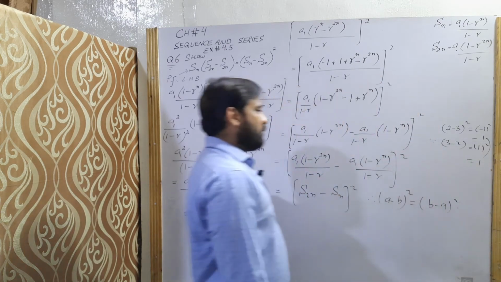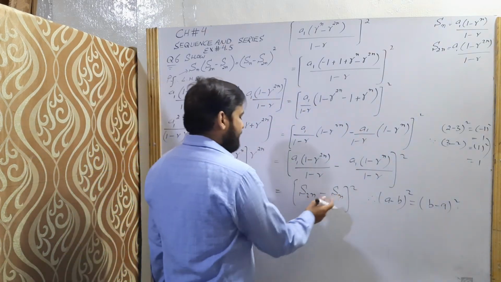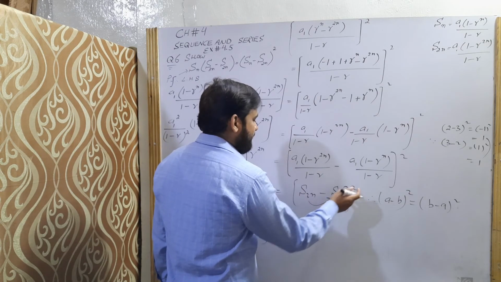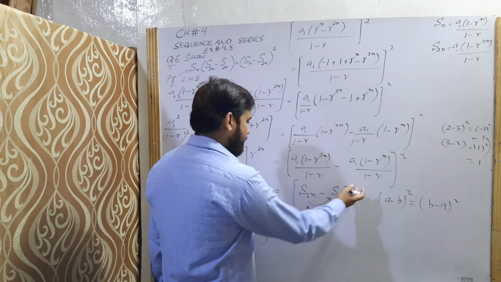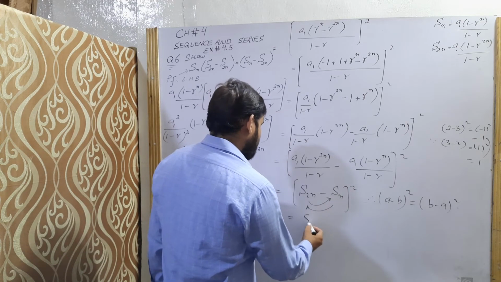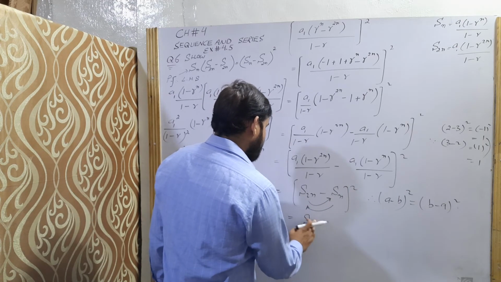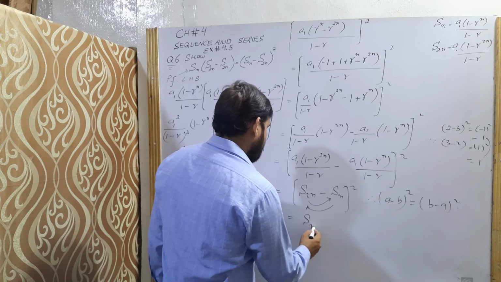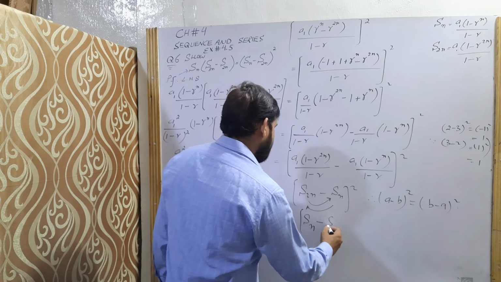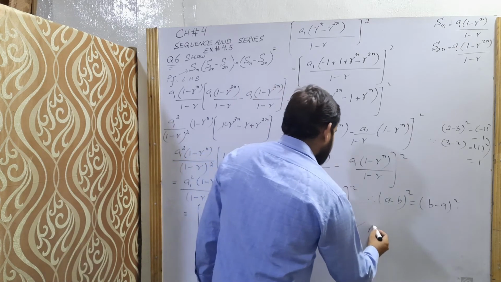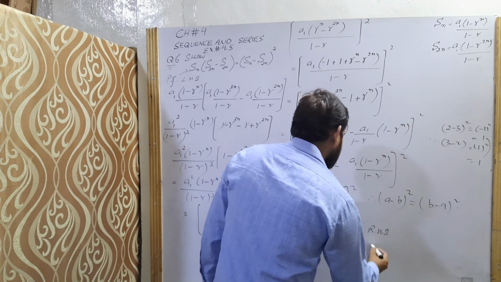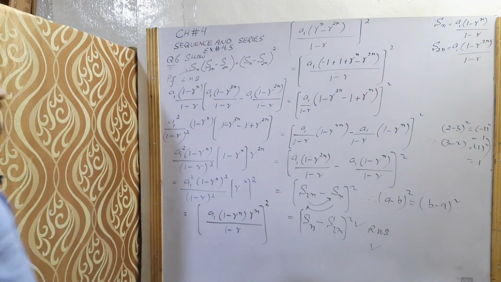In both cases they are same, so we can easily shuffle, because there is a square, even power, so positive sign must. So this is Sn and this is S2n, which is equal to right hand side, hence proved in this case. Very very simple, I already explained in detail.